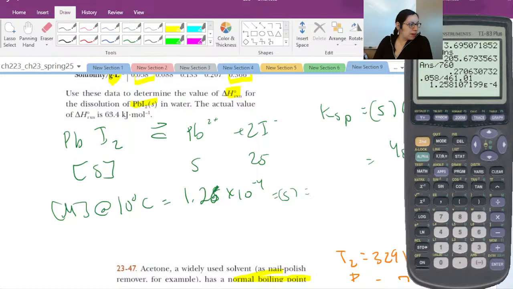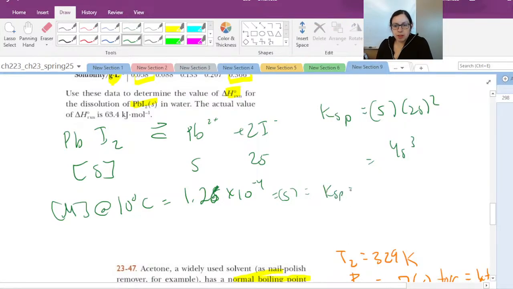So to the power of 3 times 4. All right, so there's 1 KSP.